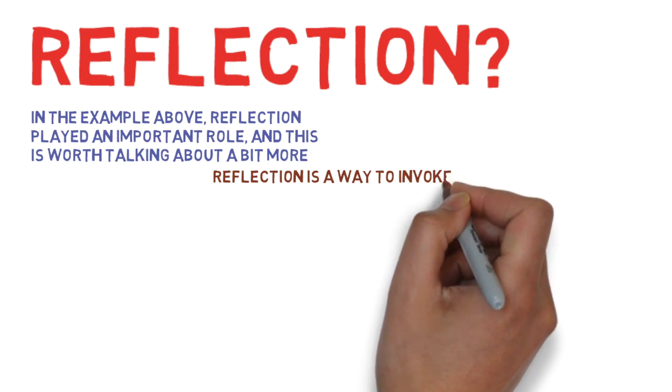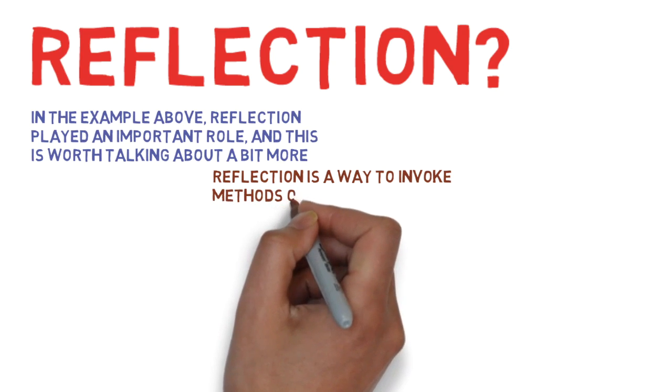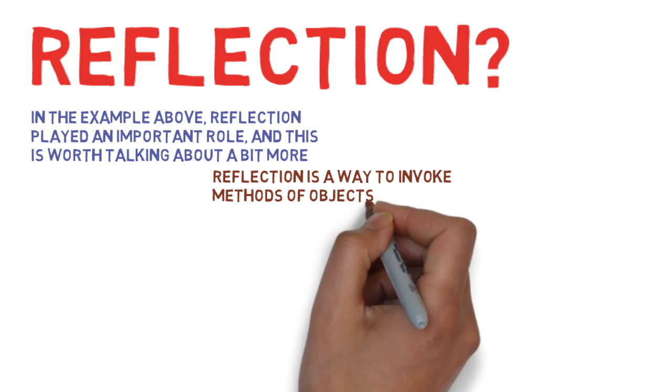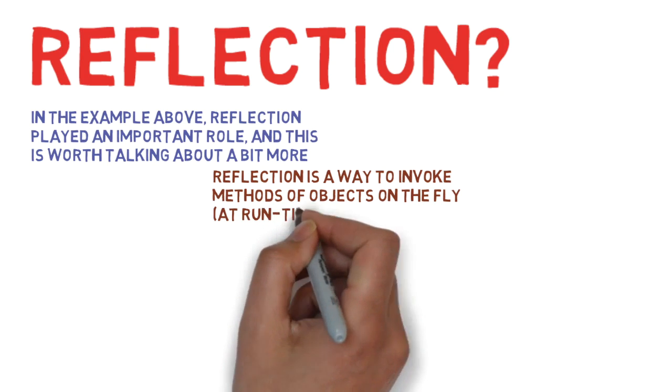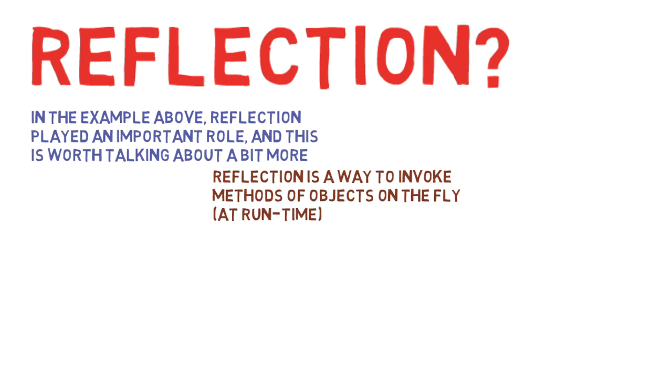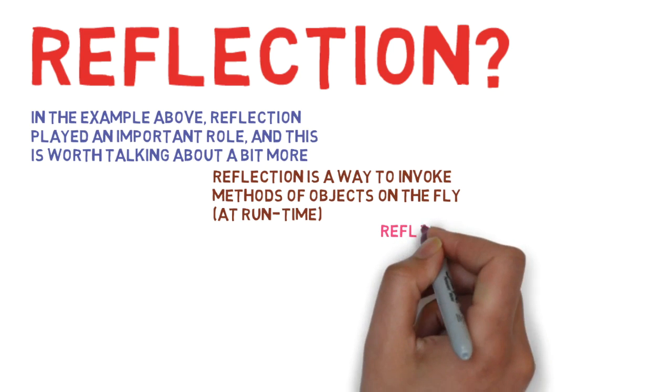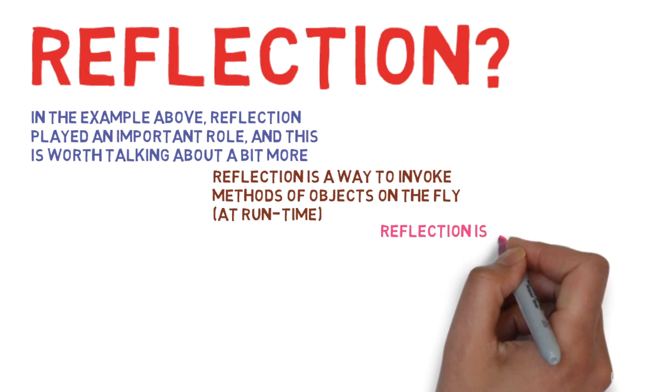Reflection is a way to invoke methods of objects on the fly at runtime. And the constructor of an object is also included in the methods that can be invoked at runtime. Thus, reflection allows us to instantiate objects at runtime without knowing beforehand what that object is.